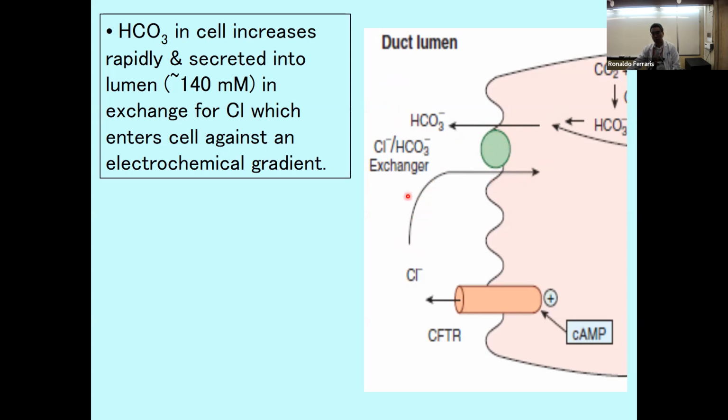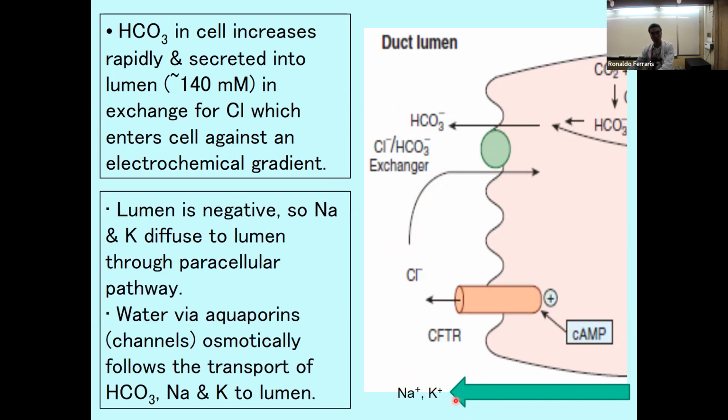This downhill gradient powers the uphill gradient of bicarbonate. And to maintain electroneutrality, we have sodium and potassium ions passing through between cells. Okay, so that's how sodium and potassium go from blood side to food side, and then water actually would follow in this fluid.